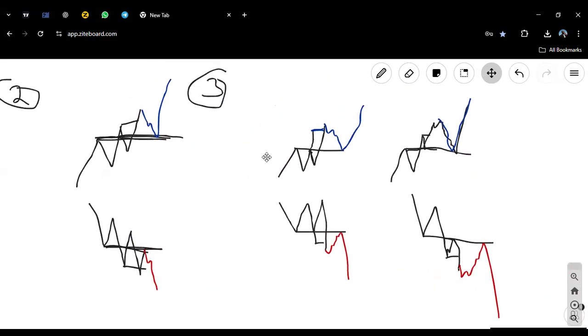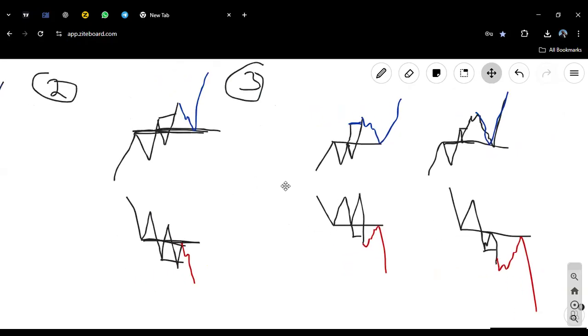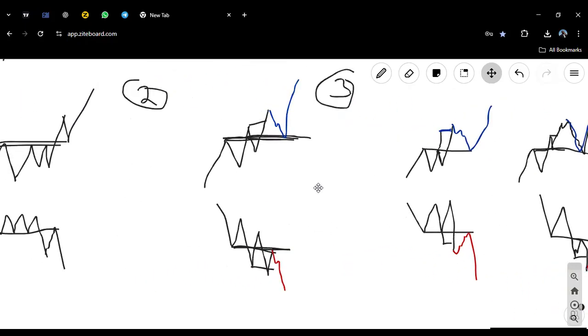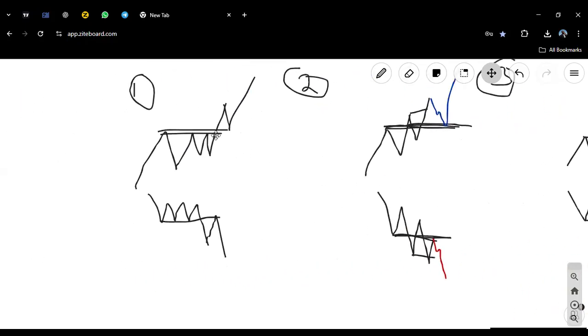And the stop loss, you'll be wondering, the stop loss. At any point, we have a candle that breaks. And before that candle breaks, we have another candle below.